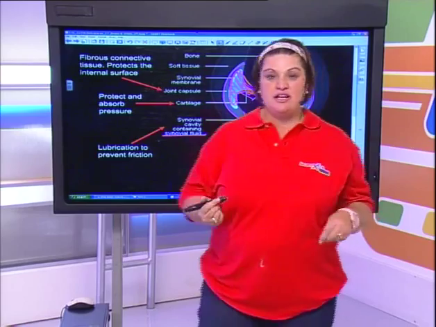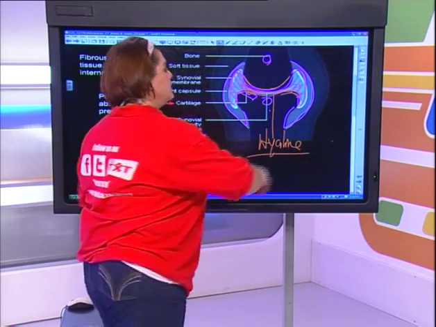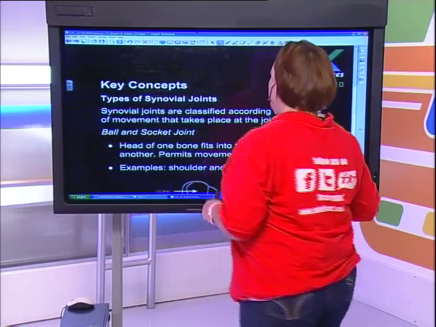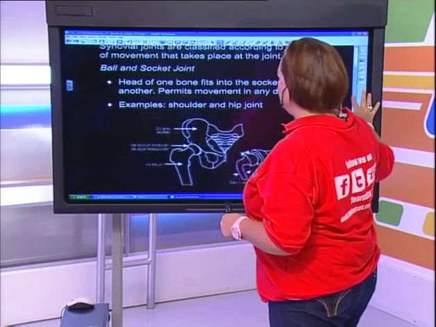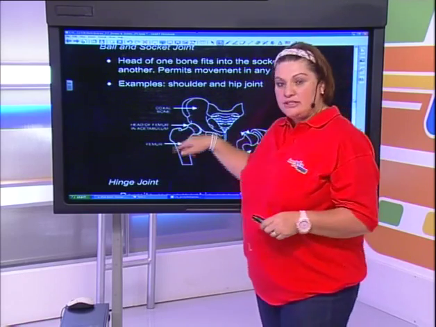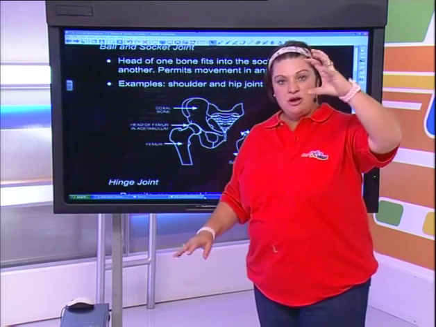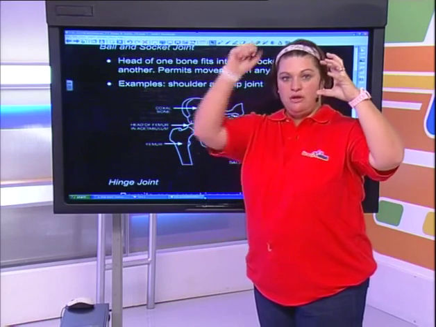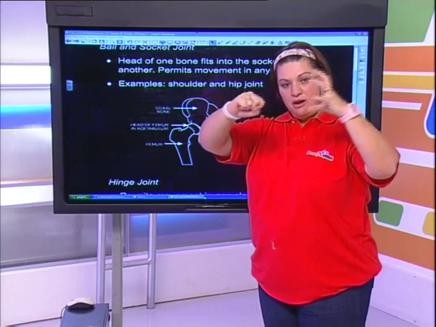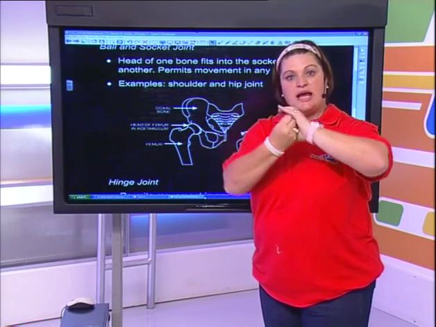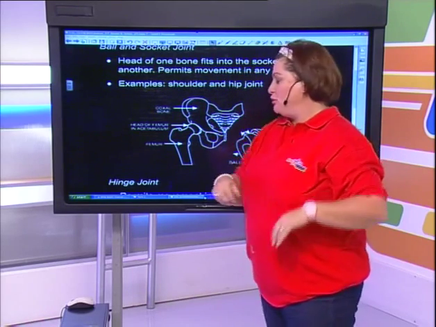So there we look at the structure of our synovial joint. Let me quickly go over again with you so you can see. Ball and socket joint: head, socket like a groove, the ball, the head of usually my long bone, fitting into it, and then freely being able to move.